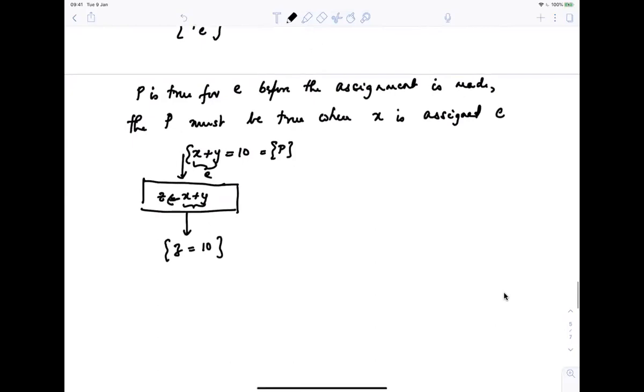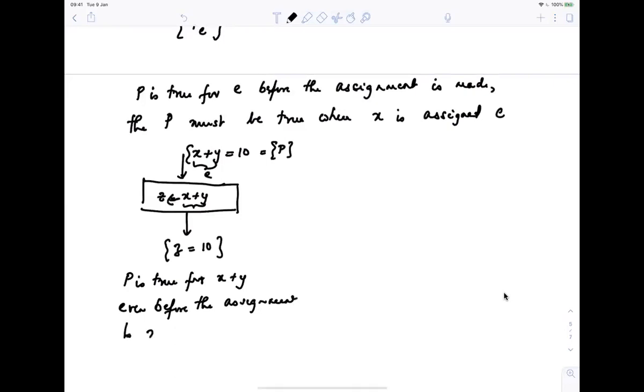Okay. Basically what this means is P is true for x plus y even before the assignment to z is made. This is what this means.